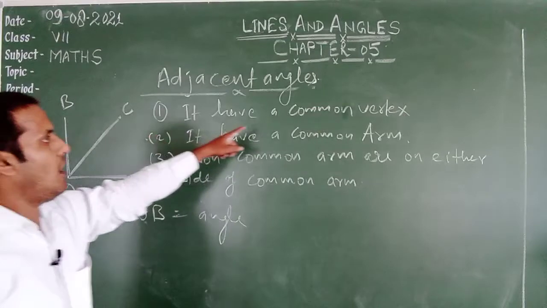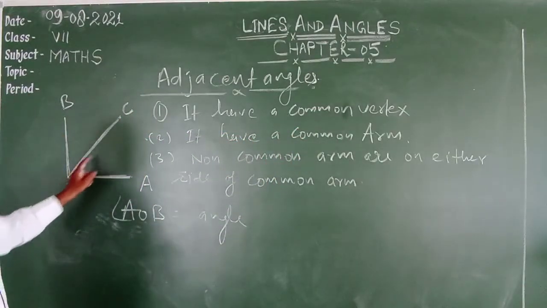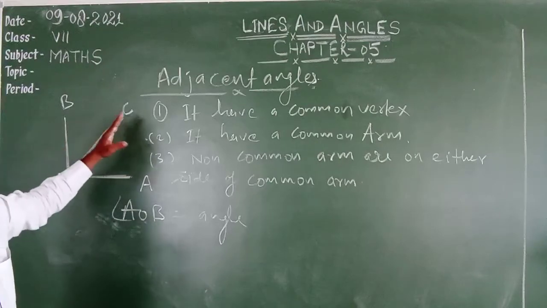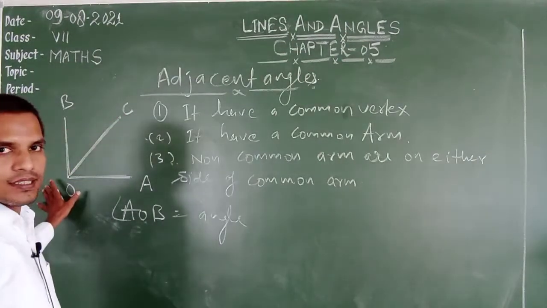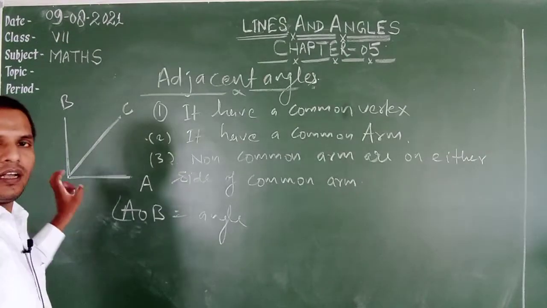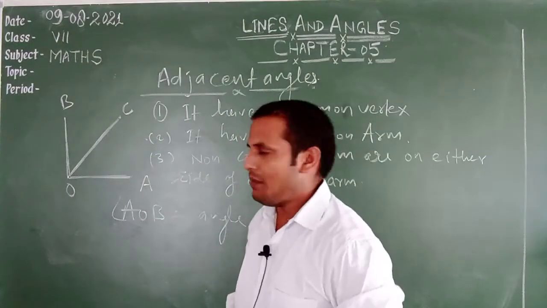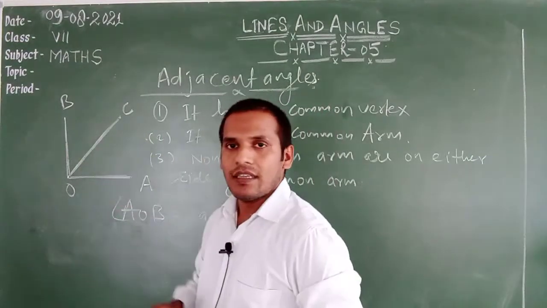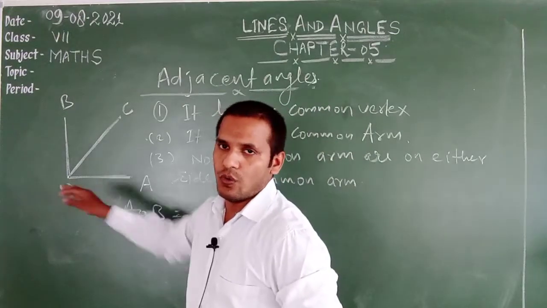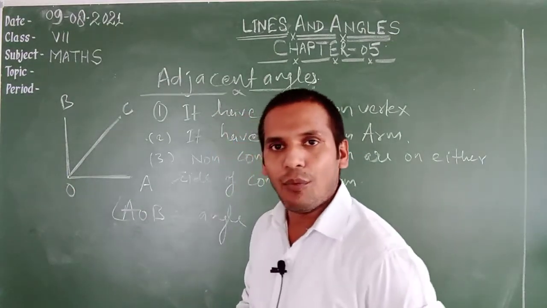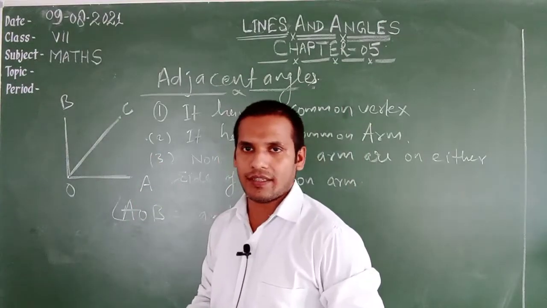First, it has a common vertex. Just see in the figure. OA, OB and OC are straight lines, or we can say these are the arms of the angles. And O is the common vertex. Every arm, or every side, or every line is joined from point O. So the corner point of this angle is known as the vertex.